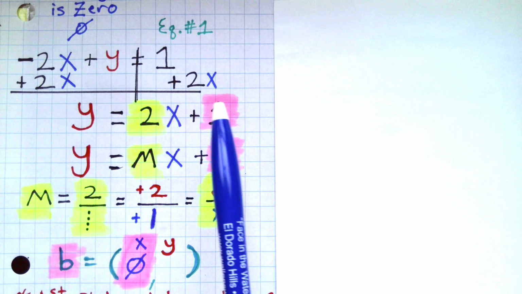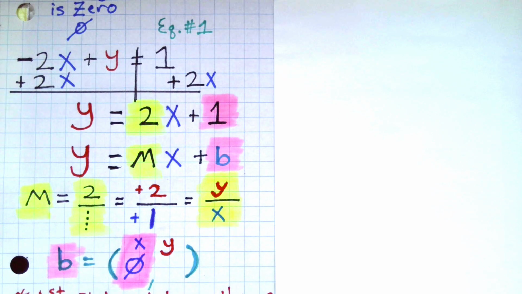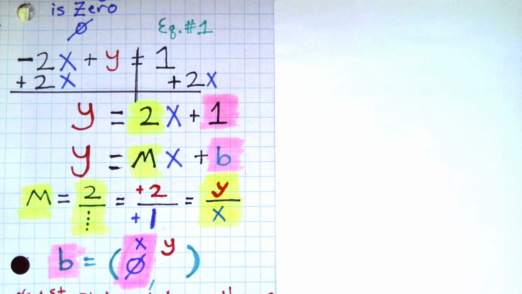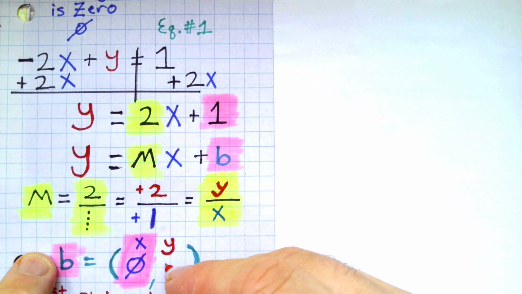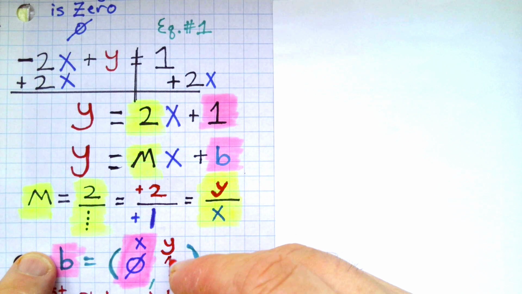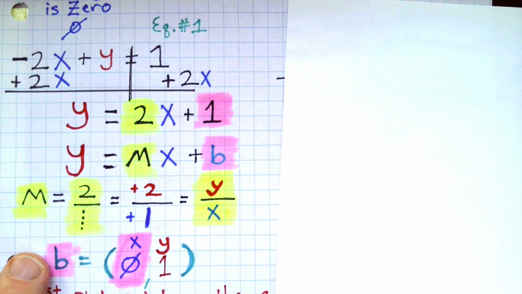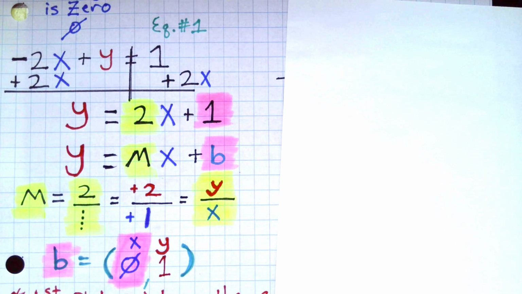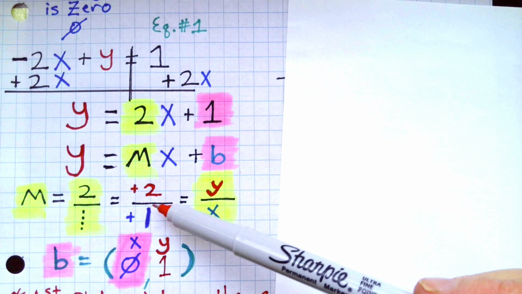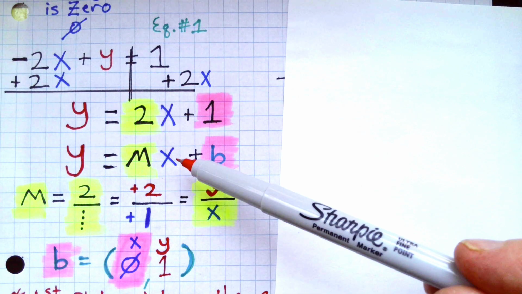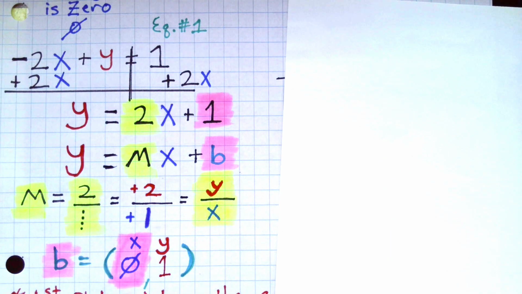So if the b value here is 1, then what is your starting coordinate point for this particular equation? Where x is 0 and y is 1. You will plot your first point there, and you will follow the slope up 2 over 1. I'm just telling you that now. I will show that to you in just a moment.